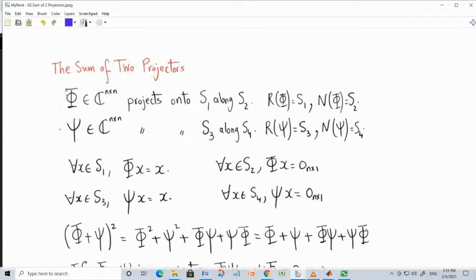So you start with two projection matrices, phi and psi. Phi projects onto S1 along S2, so S1 is the range of phi and S2 is the null space of phi. Psi is another projector that projects onto S3 along S4, which is another way of saying that the range of this matrix is S3 and the null space is S4.